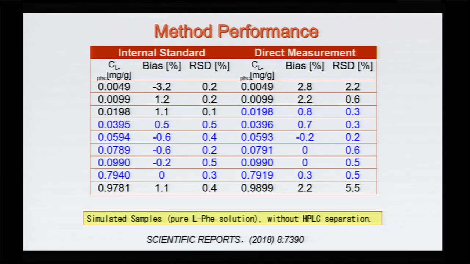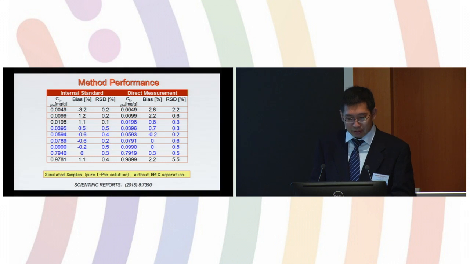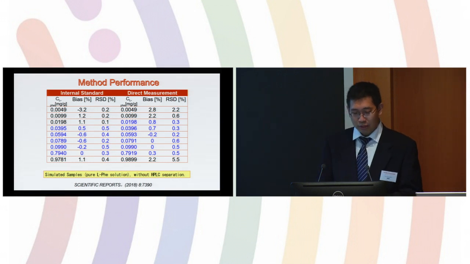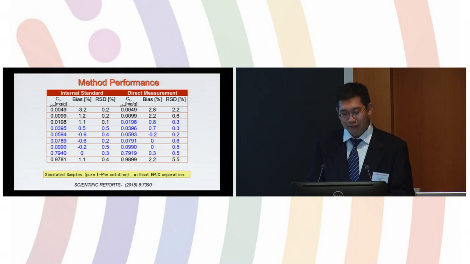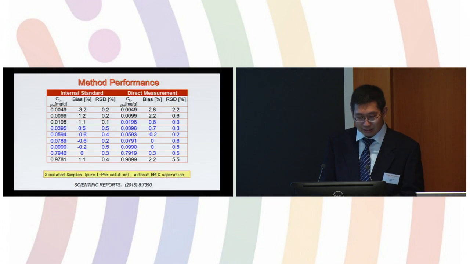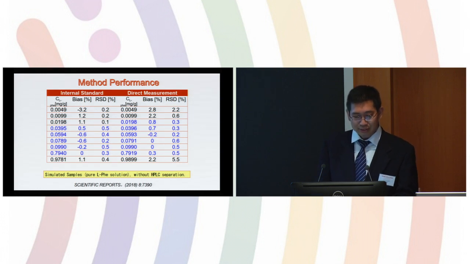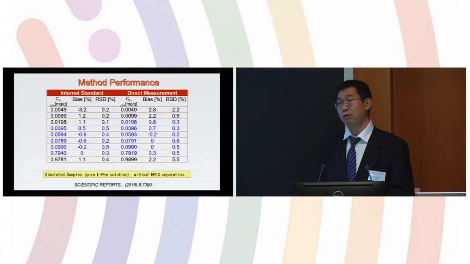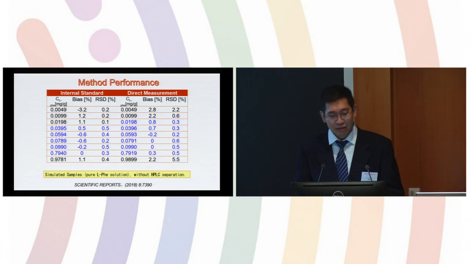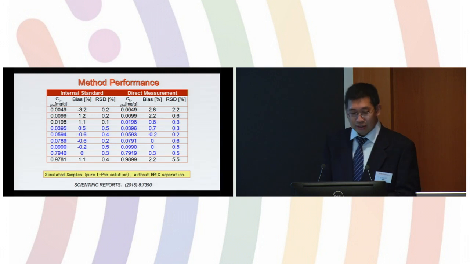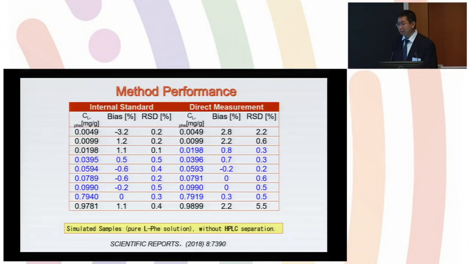Firstly, we just use the CD spectrometer to validate the theory. In this approach, we use only pure L-phenylalanine solutions prepared by certified reference materials. And in this way, the optimal range is from 0.04 to 0.8 milligram per gram. In this optimal range, both the bias and the relative standard deviation are smaller than 1%.